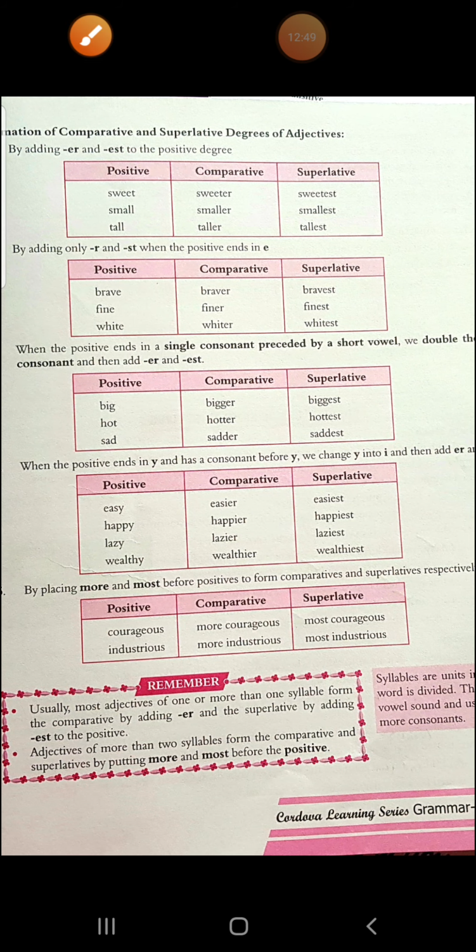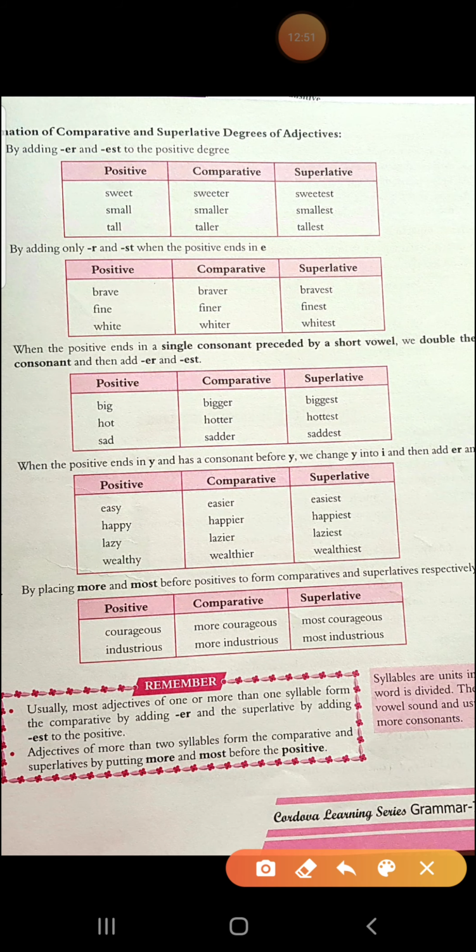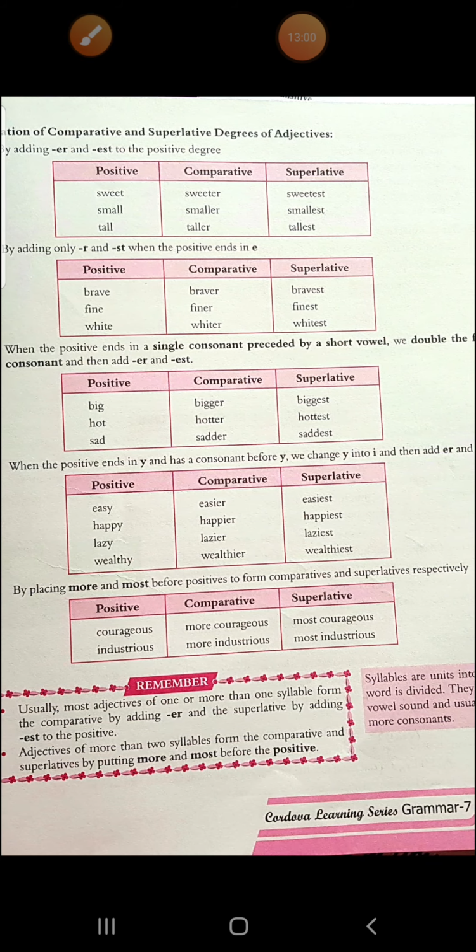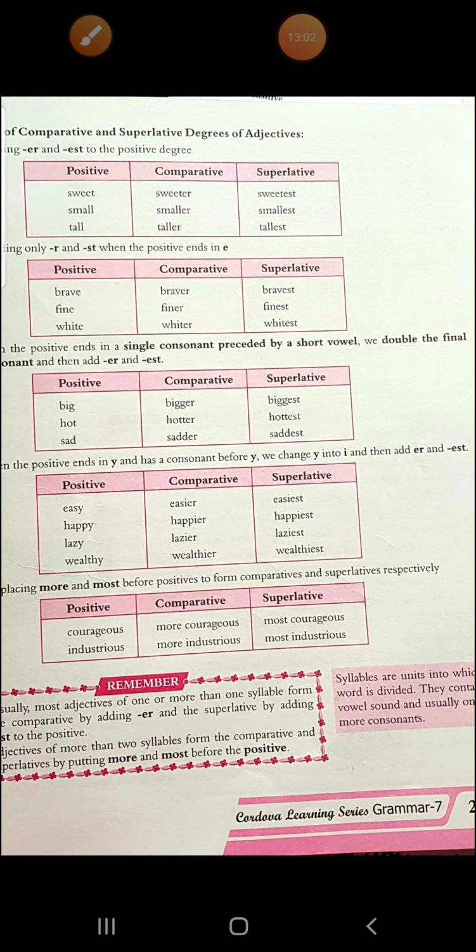Now see the third one. When the positive ends in a single consonant preceded by a short vowel, we double the final consonant and then add ER, EST.